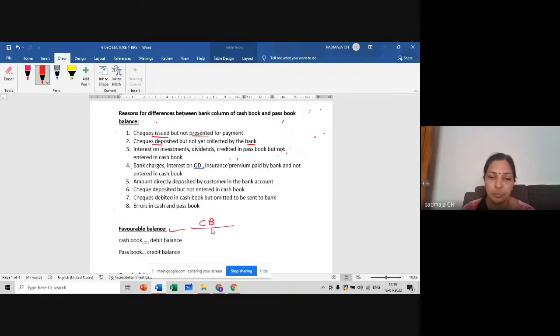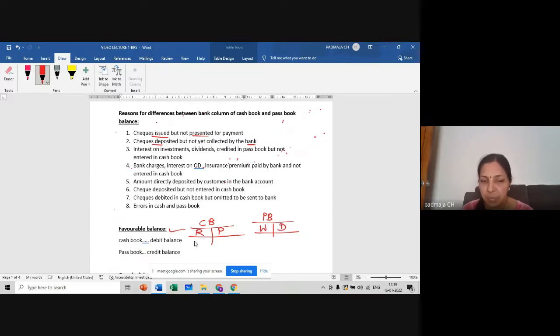In the cash book, we record all receipts on the debit side and all payments on the credit side. In the same way, the passbook is just the opposite of the cash book. We record all withdrawals on the debit side and all deposits on the credit side.